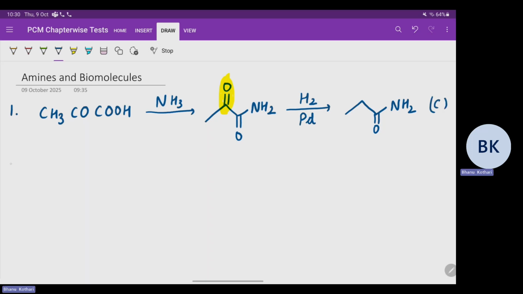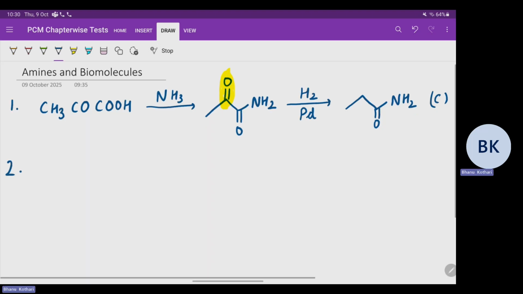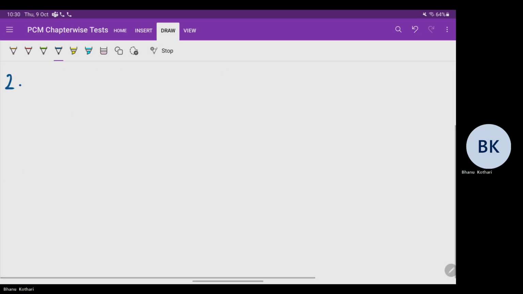Okay, let's talk about the second question. In the second question, we have been given an ester RCOOR prime, right? And in the first step, we are reacting it with hydrazine.